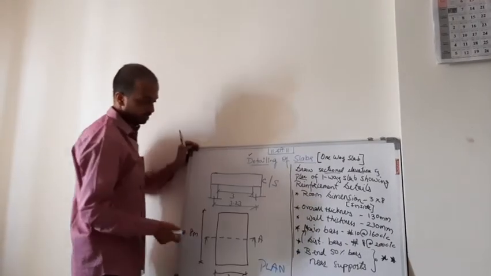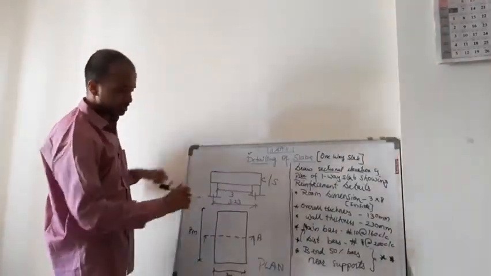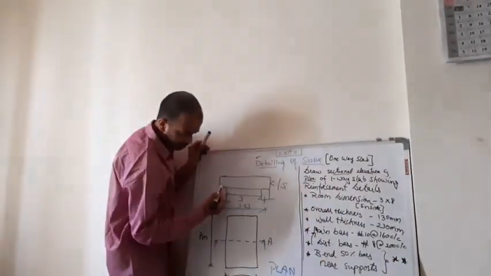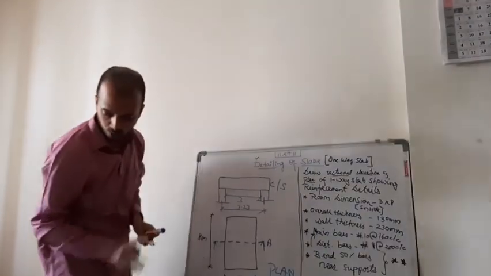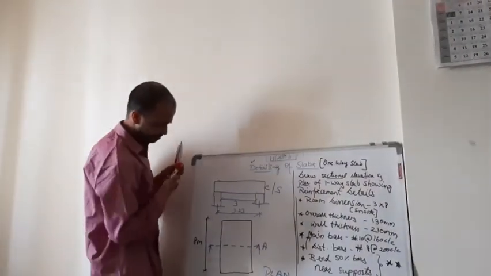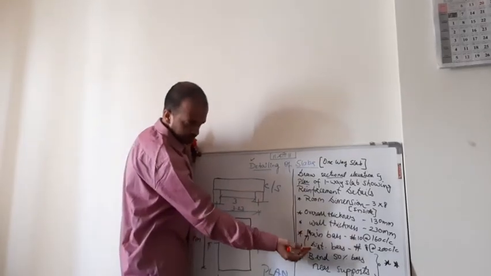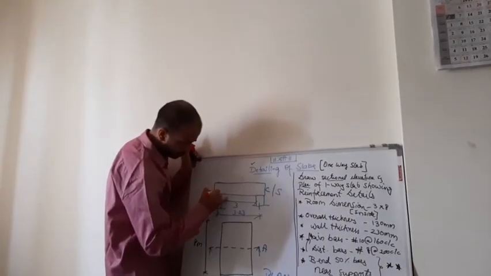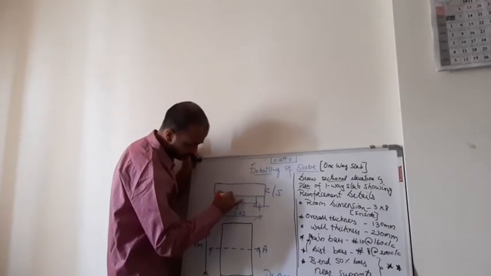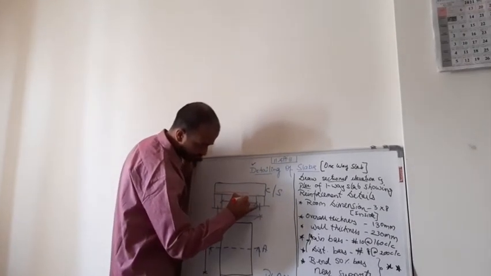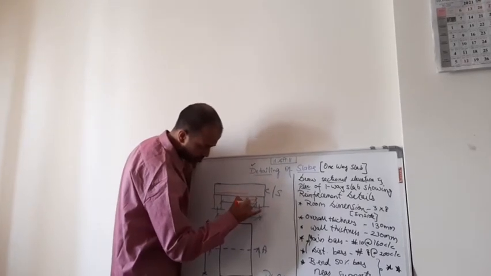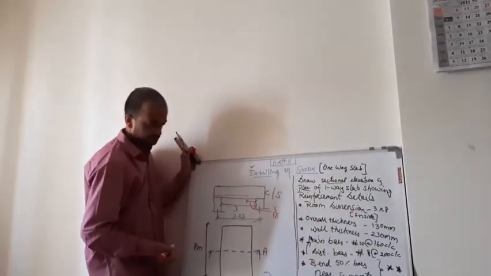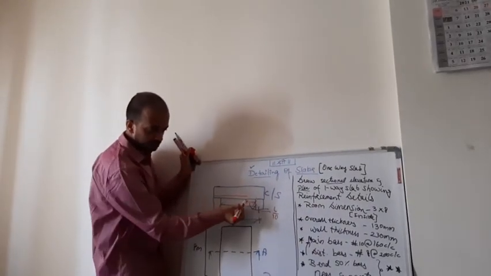Okay. Now, as discussed in the previous session, main bars are to be provided along the shorter span. So here I am going to provide the main reinforcement. It is given as 50% bars are bent near the support. One bar will start from this end. It will run straight and it will stop at a distance of L by 10 from the support, from the inner face of the support.